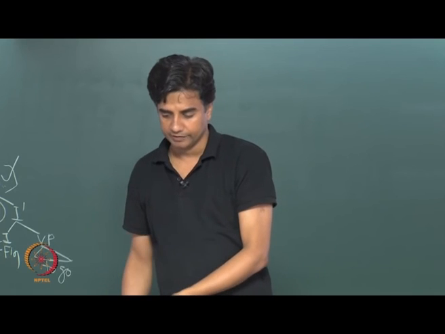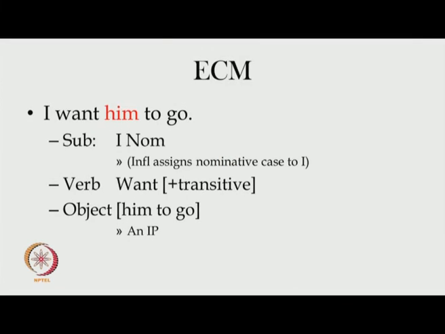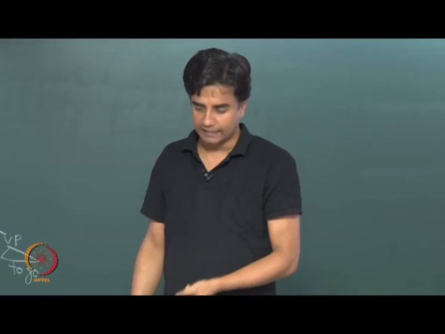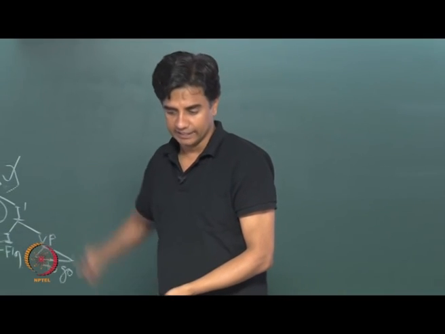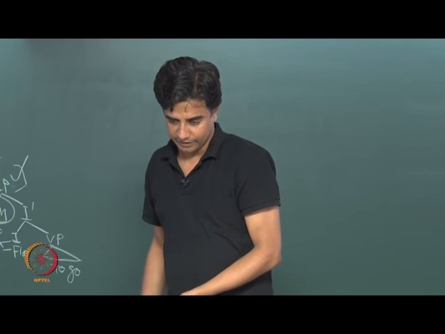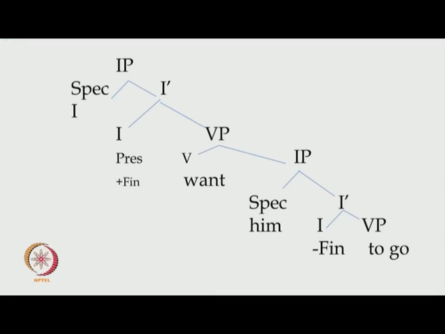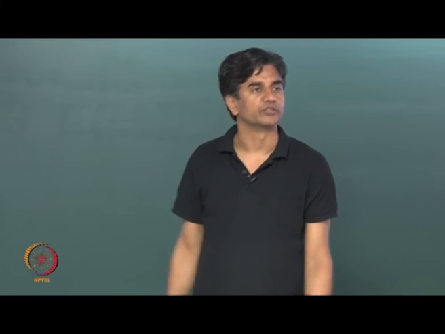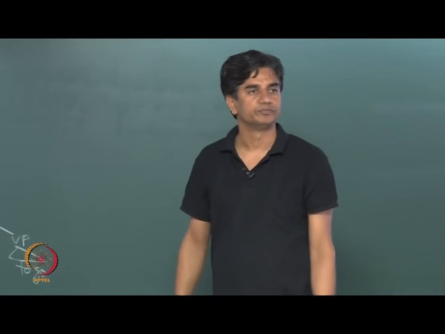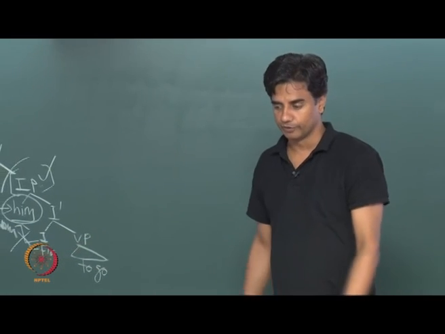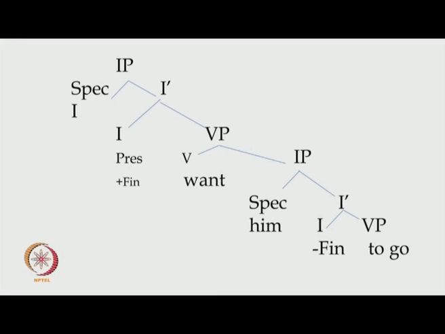We already looked at this thing. Him to go is an IP. It's not a full-fledged IP, it's a non-finite IP, and this is what saved the theory for the time being. This is how it looks like, and this is what I have been trying to show you on the board. We needed a diagram on the board, but this is how it looks like. All right?